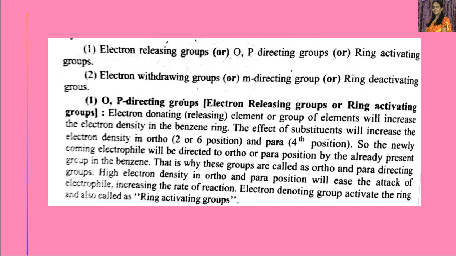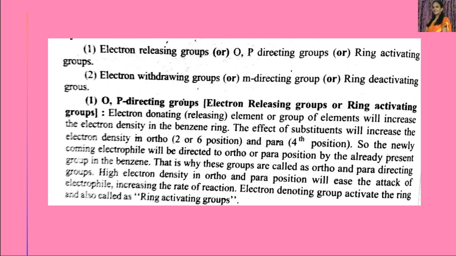Thus, the incoming electrophile easily attacks the ortho and para positions. So this is about the first type of groups, that is electron releasing groups, ring activating groups or ortho-para directing groups. Now let us see here.